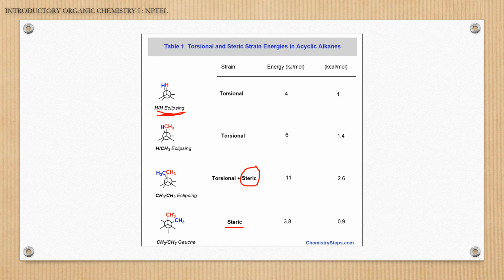Torsional strain is there when the dihedral angle is 0 degree or the eclipsed conformation is there. You can also say the eclipsing interaction, the torsional strain. Okay, so this is how this table can give you an idea of how the strains are there in the eclipsing and staggered or Gauss conformation. Okay, clear to everyone?